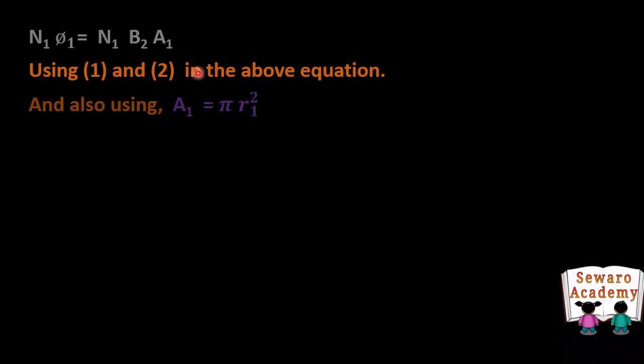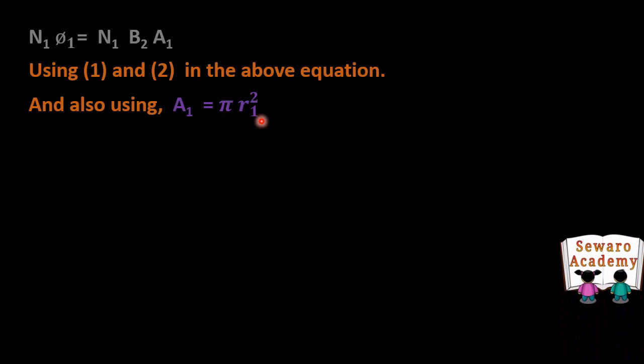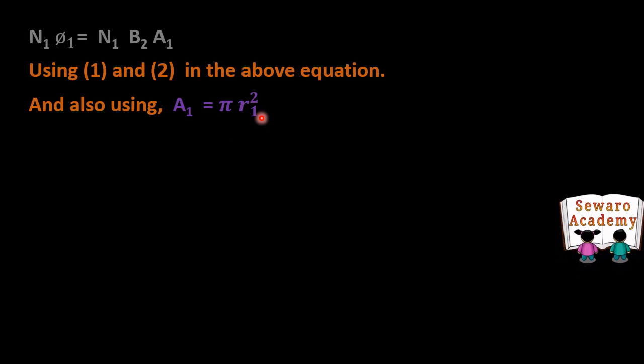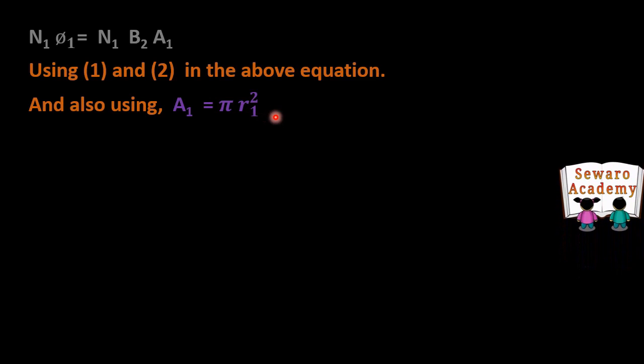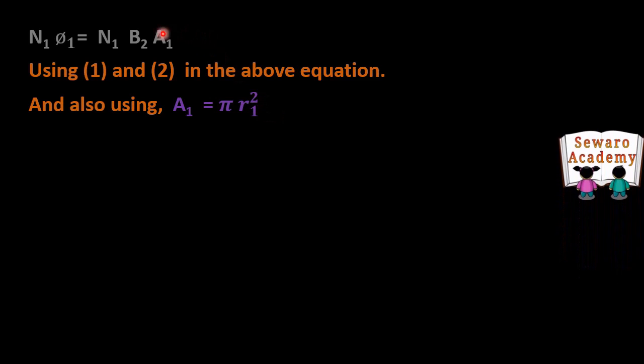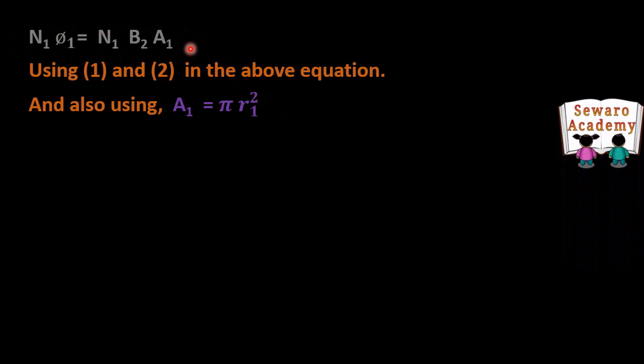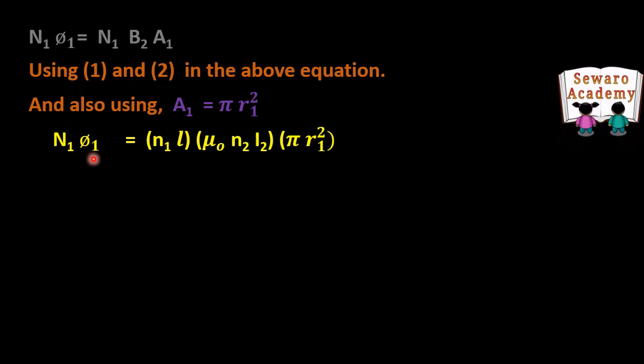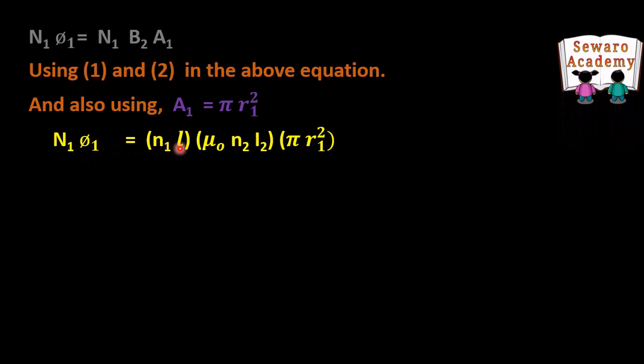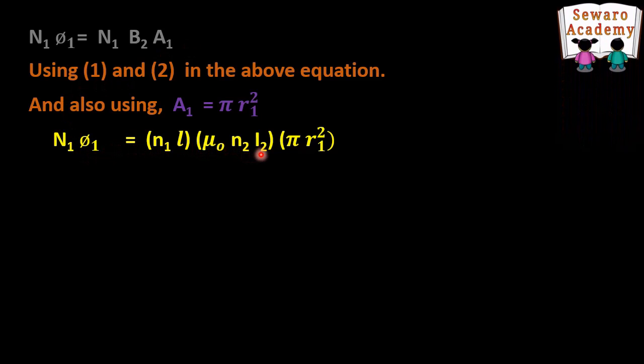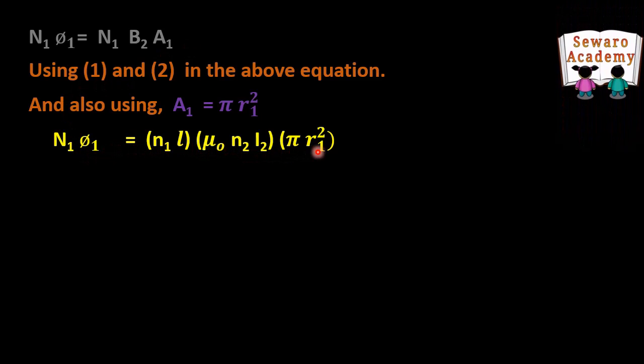A1 is the cross-sectional area of the small solenoid, which is circular in shape, and the area of a circle is pi r squared. So we write A1 as pi r1 squared, because r1 is the radius of the smaller solenoid. Then this equation gets modified as N1 phi1 equals n1 L times mu naught n2 I2 times pi r1 squared.